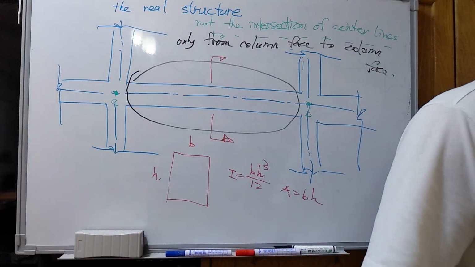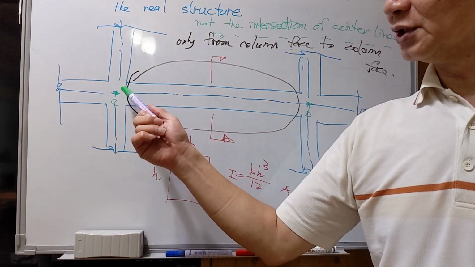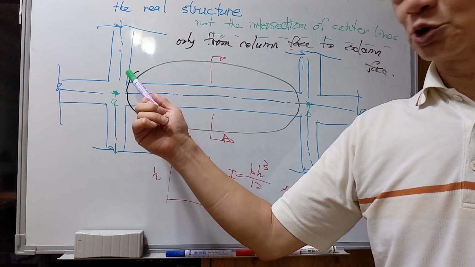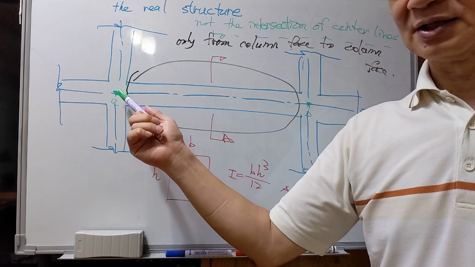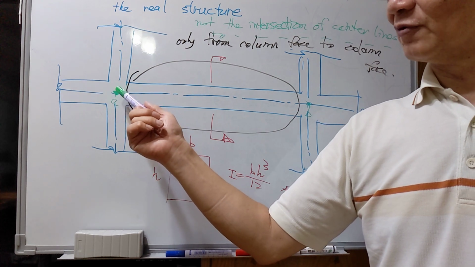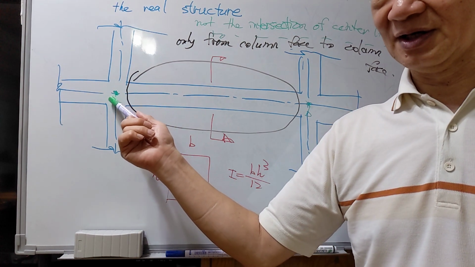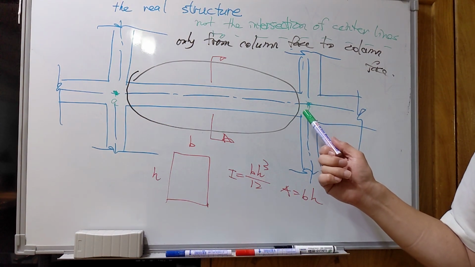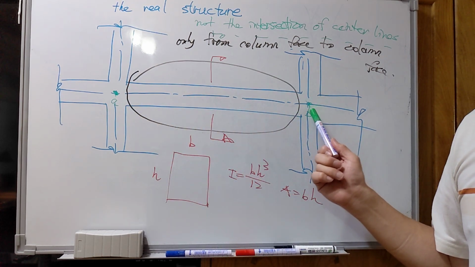We consider the joint of the elements, the joint of the columns and the beams. Usually we define the nodal points. They are the joints of the elements. So for the left end, it is this point. At the right end, it is this point. This is the length of the element we consider.